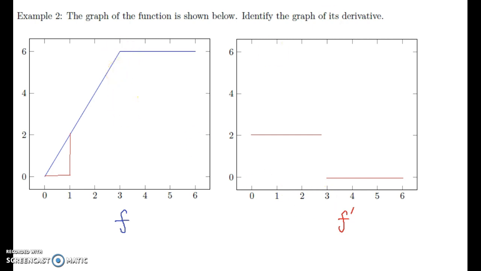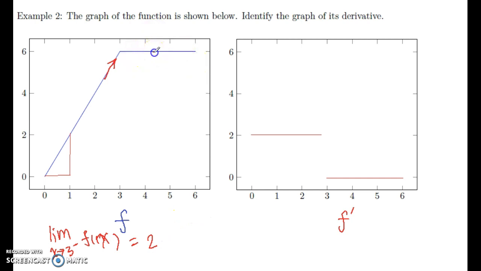So now you need to think about limit, or the derivative. So the limit as x approaches 3 from the left, right here, approaching 3 from the left, f of x has a slope of 2.